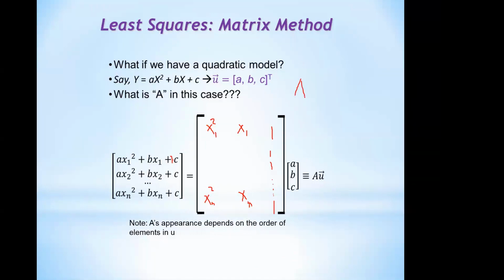So A transpose is a fat and short matrix, which has all the x squared values on top and x values in the middle row, and a bunch of ones as the last row.